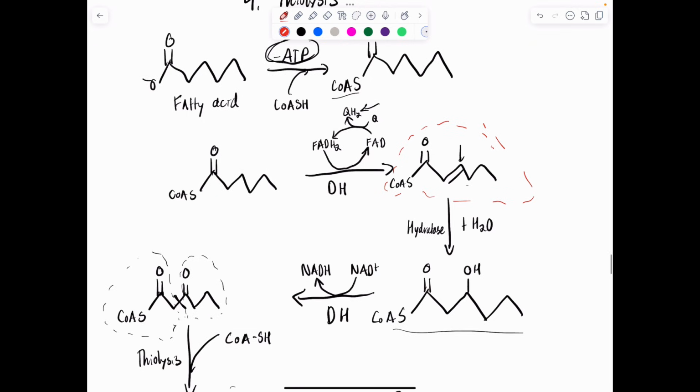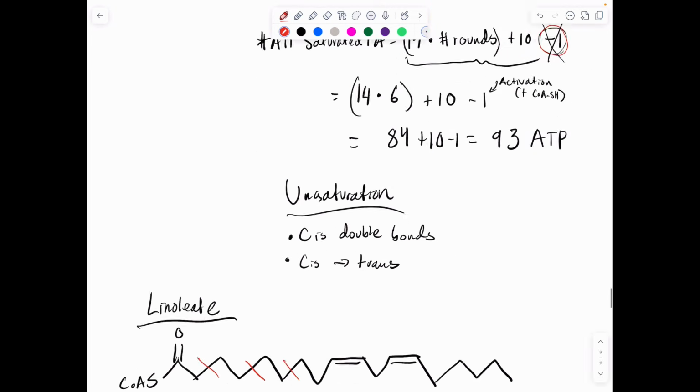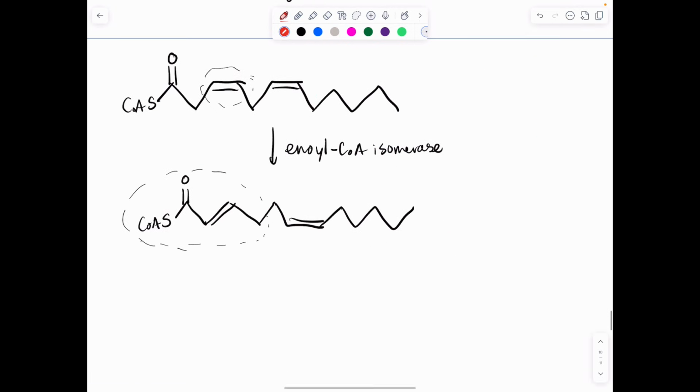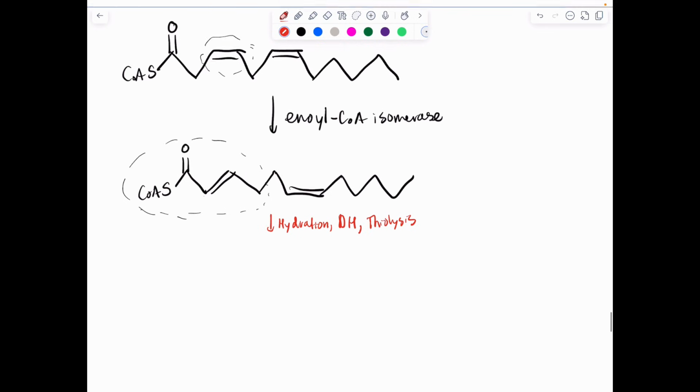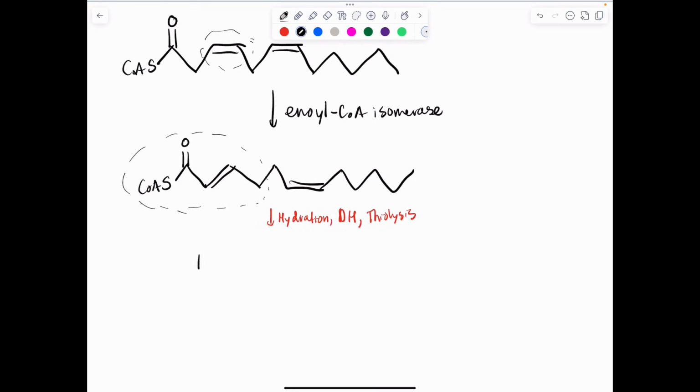And so you are literally going to be inserting your unsaturated fatty acid into this stage of your beta oxidation. From here, you're going to do your hydration, your second dehydrogenation, and then also your thiolysis. That's one round of beta oxidation, and you would end up getting a molecule like this.